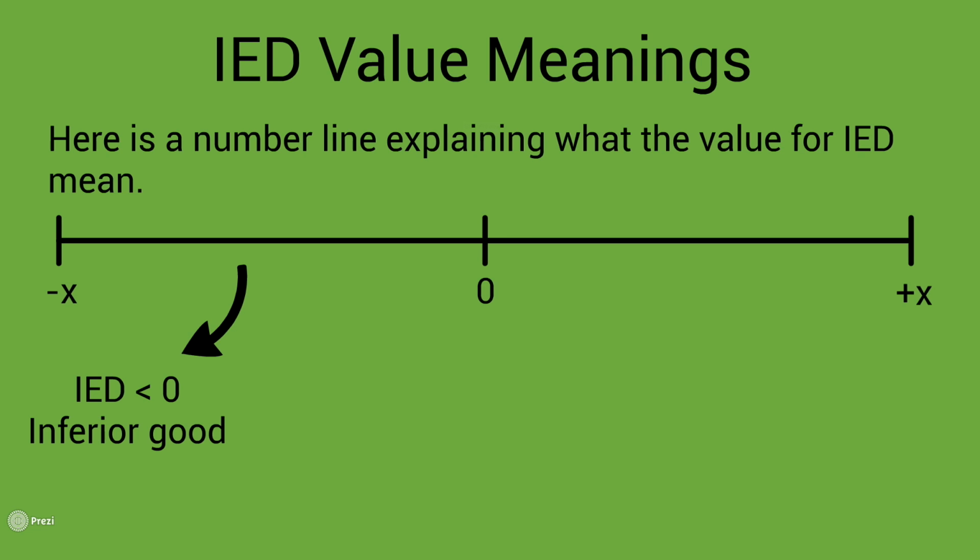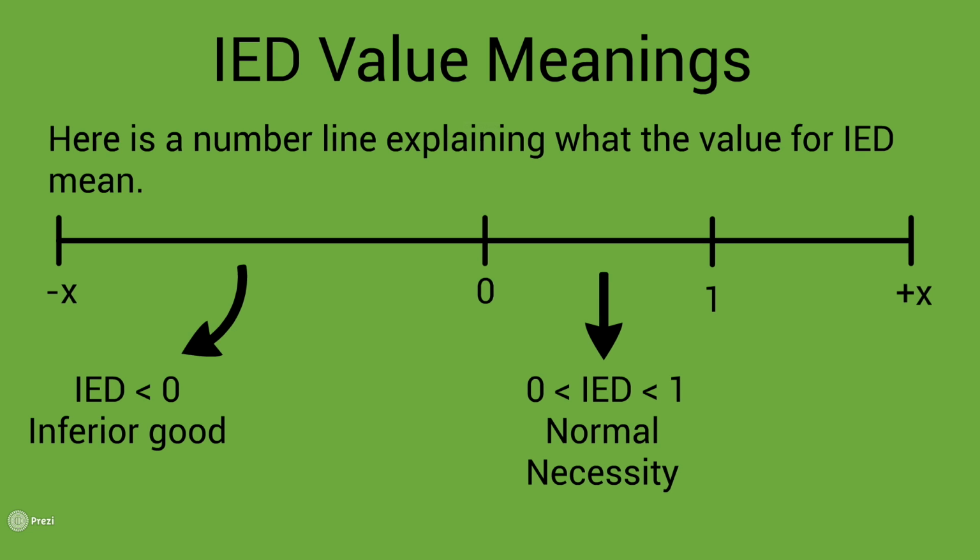A value for income elasticity of demand between 0 and 1 means that the good is a normal necessity. This means that as income rises, the demand for that good rises, but by less than the increase in income. The other type of normal good is normal luxury goods, which is where the value for income elasticity of demand is greater than 1.